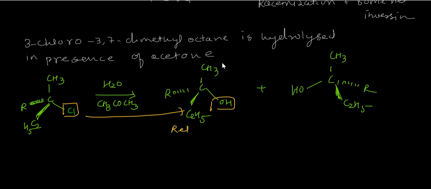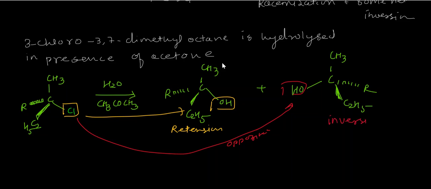So retention is there. And if you look at the geometry of this one, this group, both are on the opposite side, right? Opposite side. That means inversion is there.